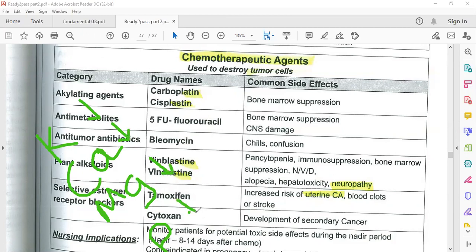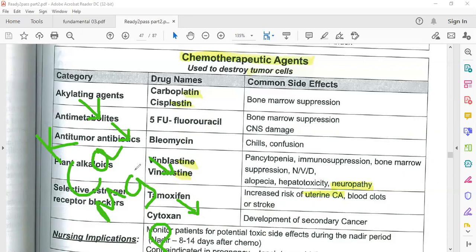So in medical terminology, cisplatin causes electrolyte imbalance, especially hypokalemia, hypocalcemia, hypomagnesemia, and hypophosphatemia. So if the patient is under threat of electrolyte imbalance, as an RN or LPN, what will you do?